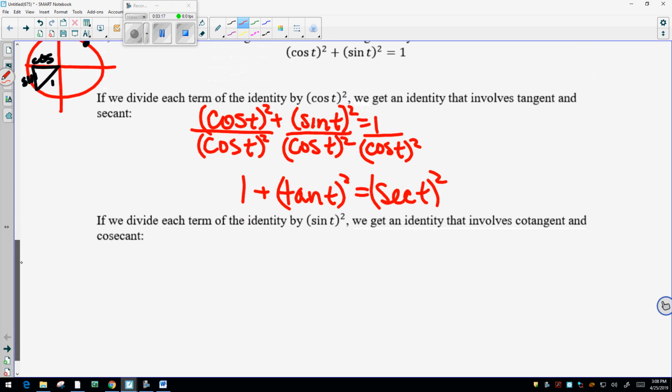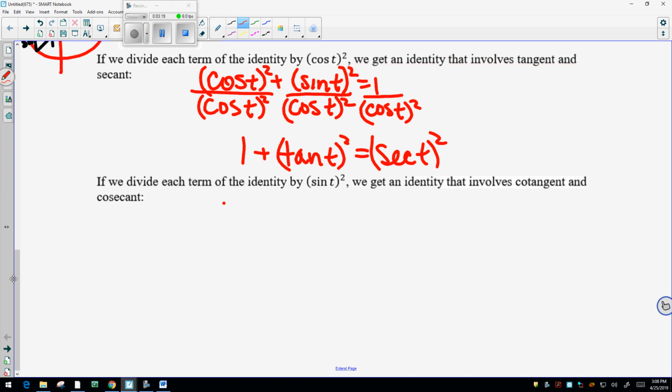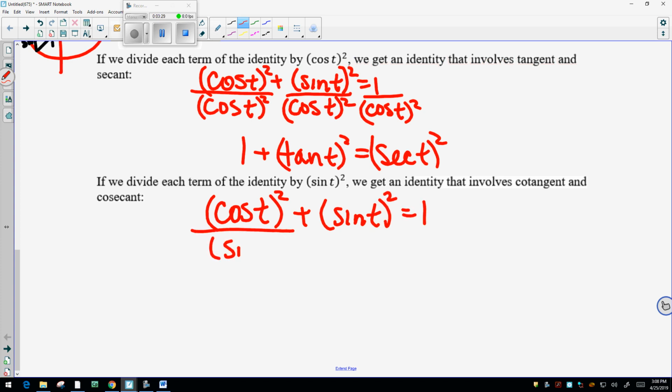Okay? We can do the same thing. We're going to start with the same basic Pythagorean identity, cosine squared plus sine squared equals 1, but this time we're going to divide through by sine squared. So again, divide everything through by sine squared, and then we think, what identities do we have that, when I reduce, will simplify to a new Pythagorean identity.